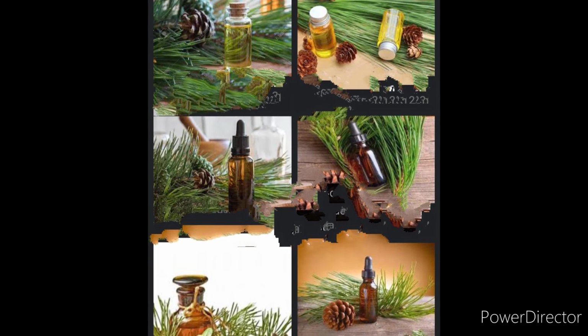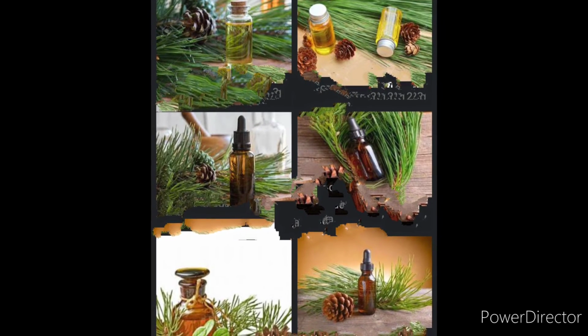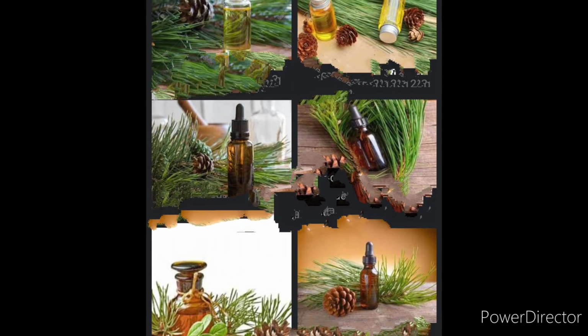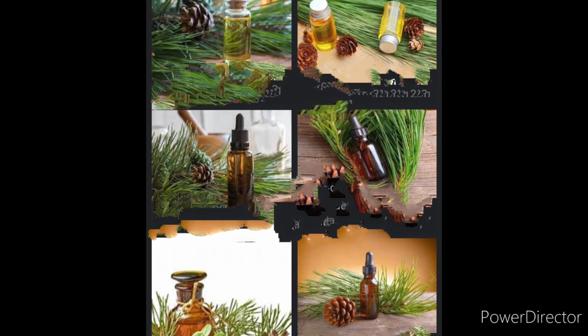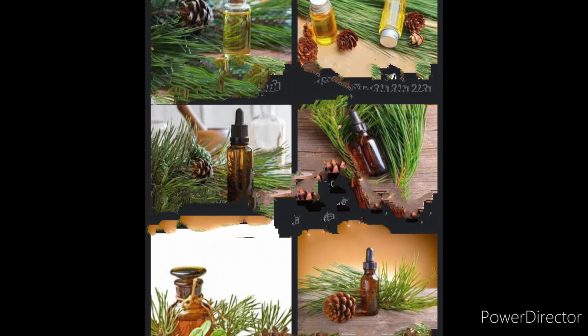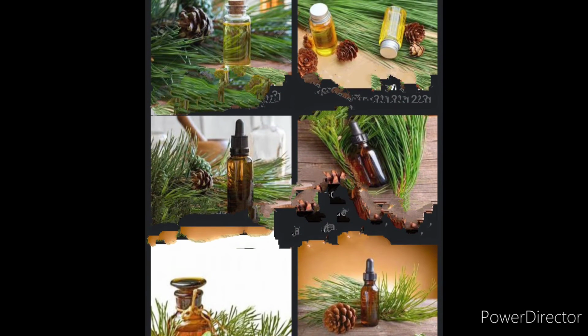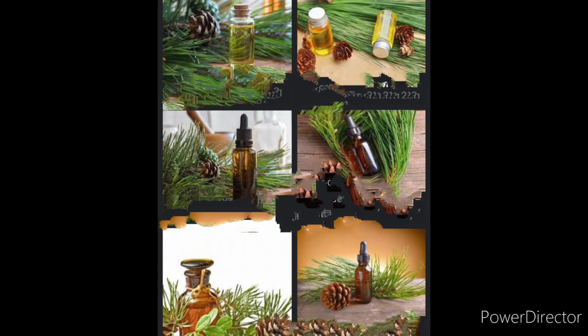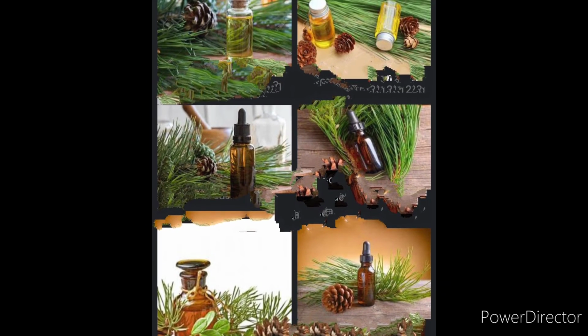The essential oil from pine could be derived from the cones, from the tree barks, from the twigs, from the pine needles, that is the leaves, or even a combination of all of them. Yes, we can obtain essential oil from every part of the tree.